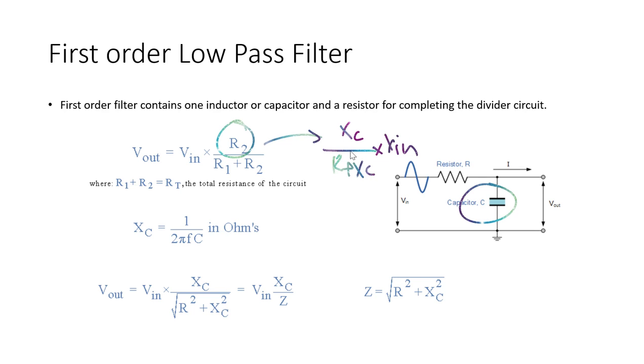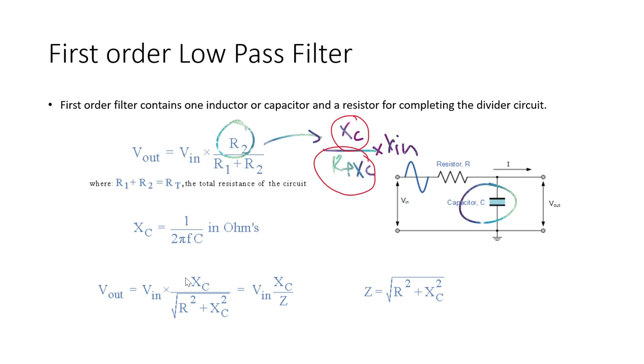So this is the general format of our equation. In this we are using the complex values of Xc, R and so on. If we want to find only the magnitude of the output signal, then we will combine these things and we will use the value without j with this Xc.